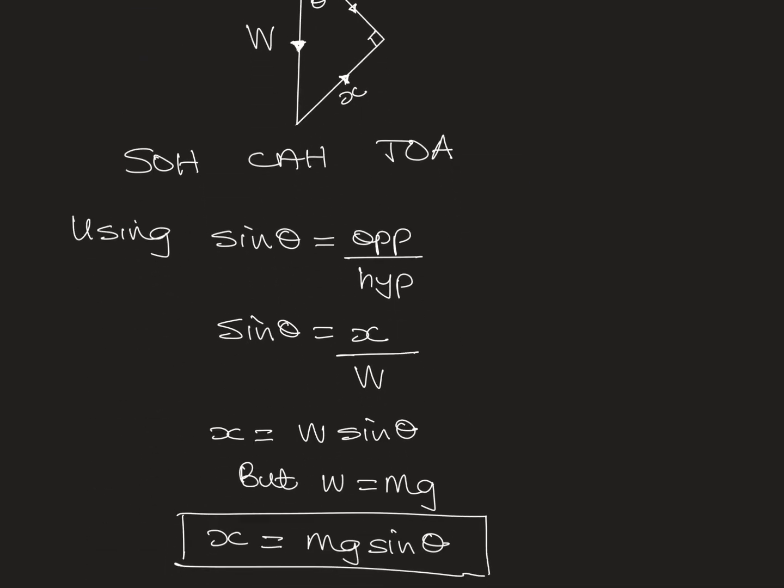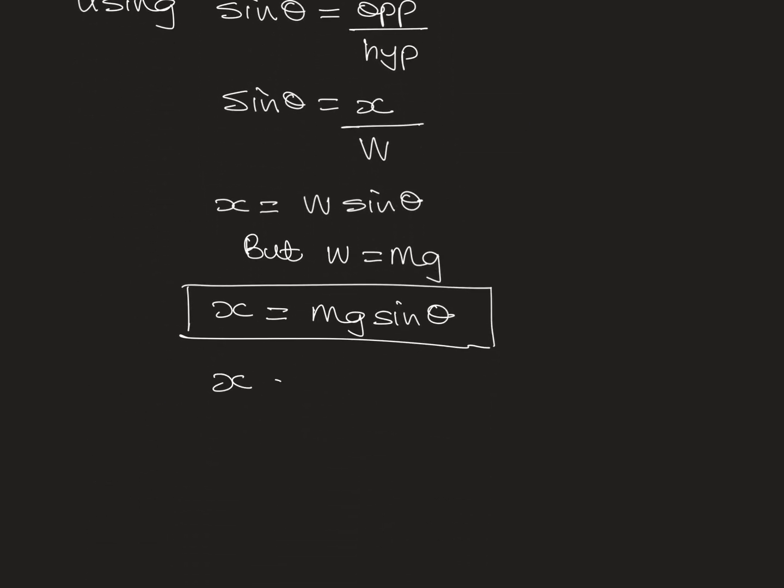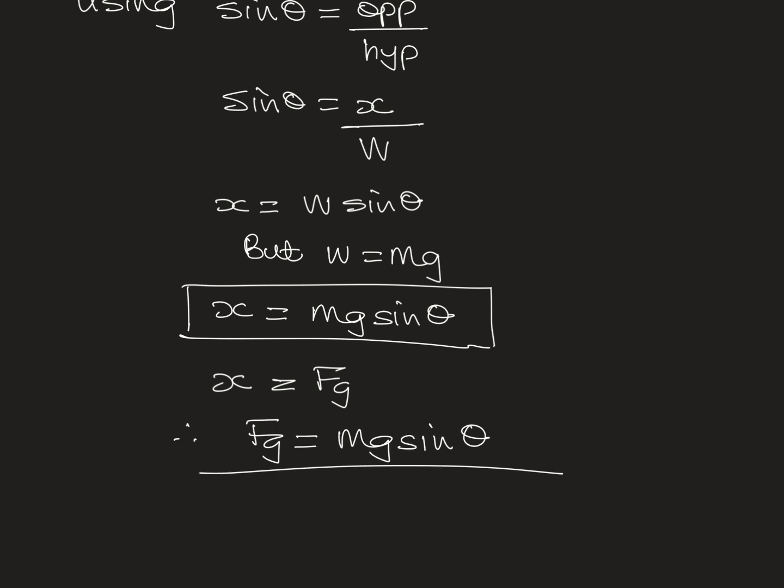So we can say x is equal to Fg, so therefore Fg is equal to mg sine theta. And we've said that this Fg is the force that tends to bring the object down the plane, okay? It causes the object to slide down the plane. It is mg sine theta.